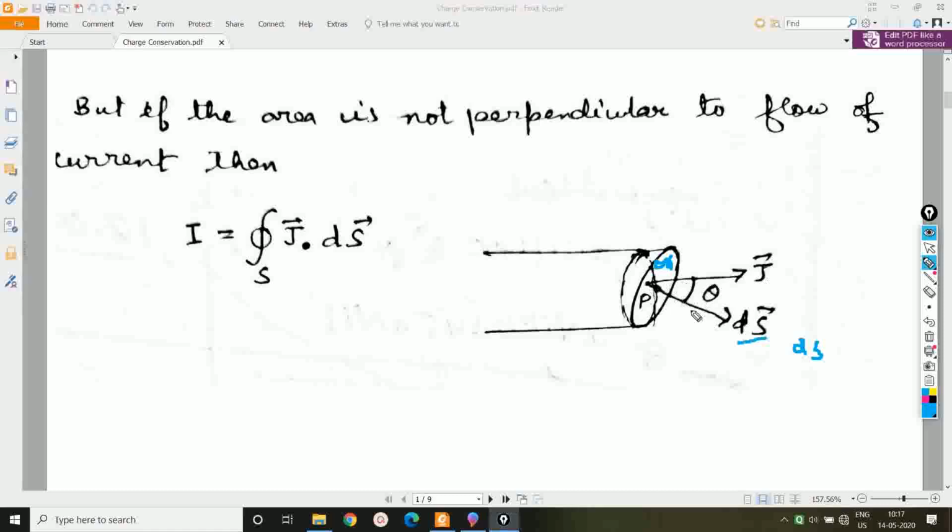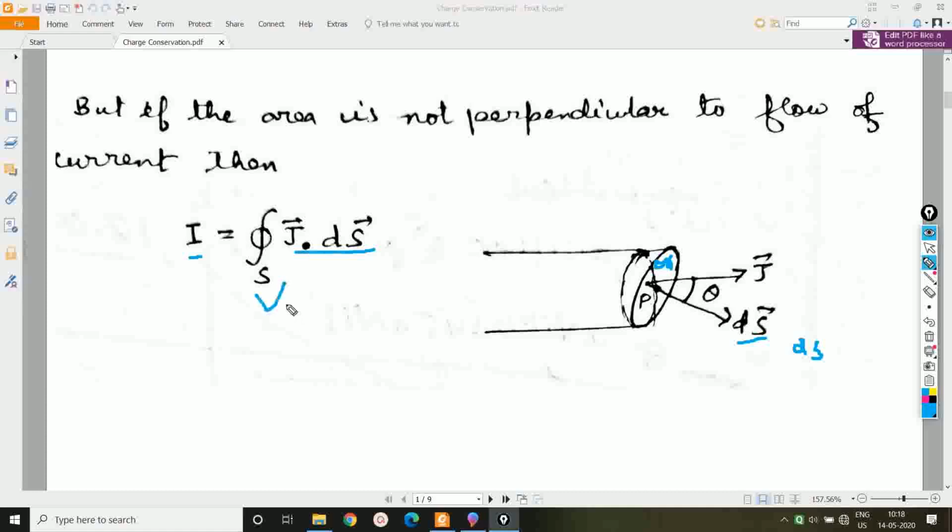The angle between them is theta. So current is equal to the dot product of the current density vector and the patch area vector. So for this patch area dS, the current and current density are linked by I equal to J dot dS.